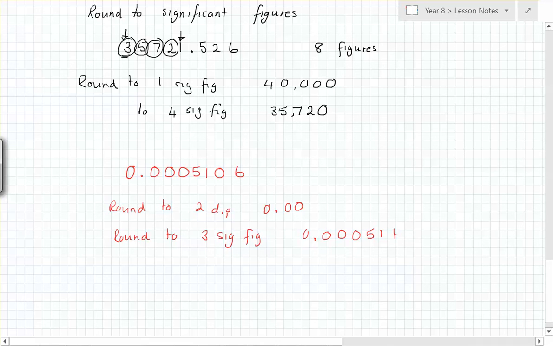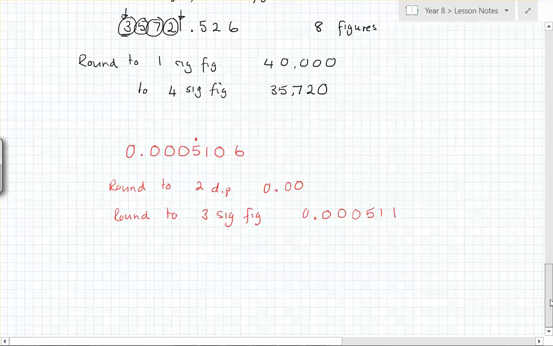Exactly. Which number is the first significant number there? The 5. These zeros are not significant other than they make sure the number's in the right place.